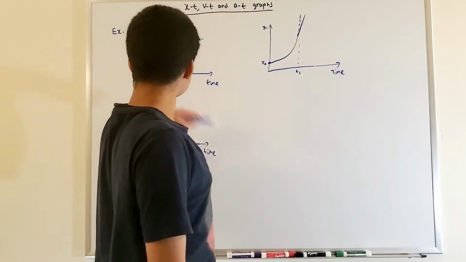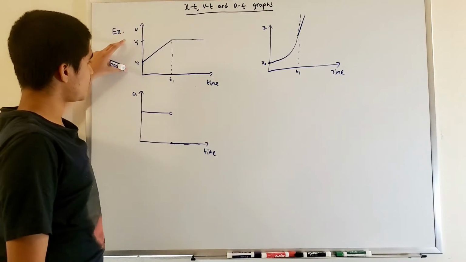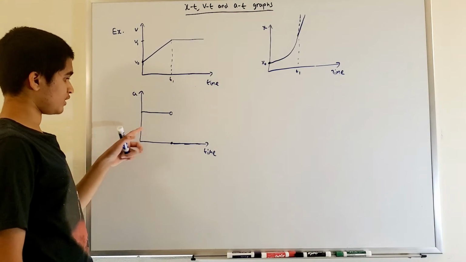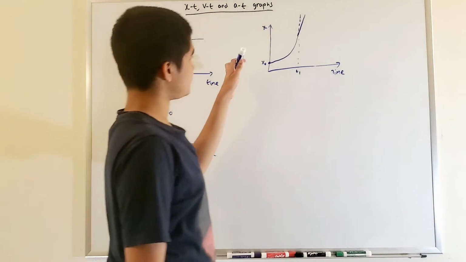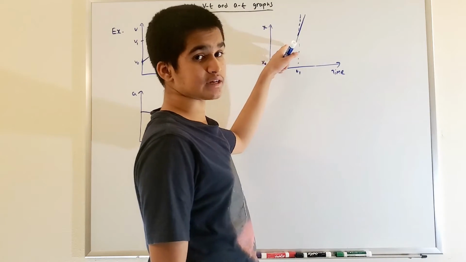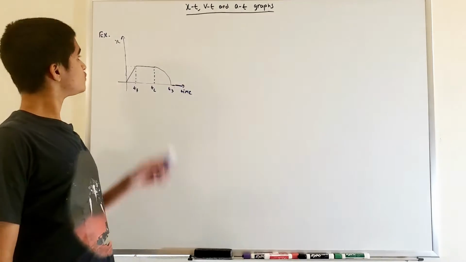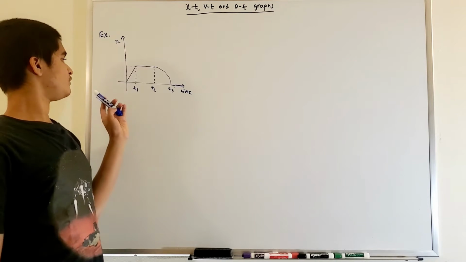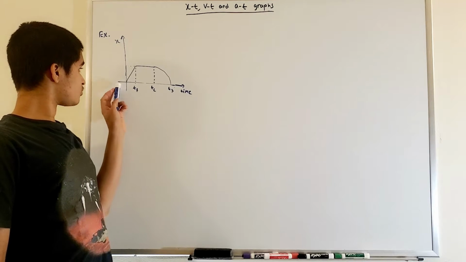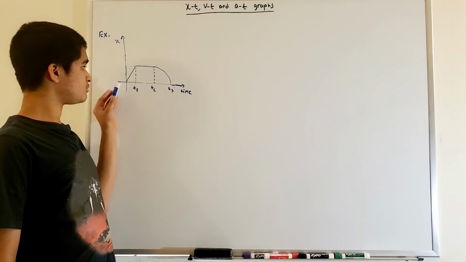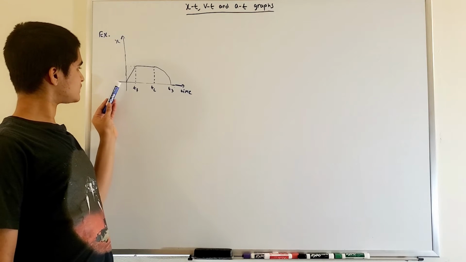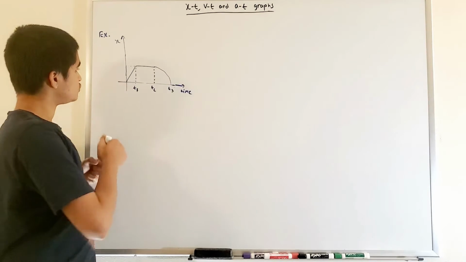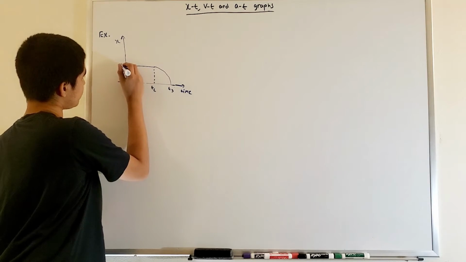So to summarize, if this is the velocity time graph of any object, then its acceleration time graph would look like this, and the displacement time graph would look like this. So for our next example, we're given a displacement time graph of an object, and we can see that the object starts at a displacement of 0, and then the displacement increases linearly to some position, x1.